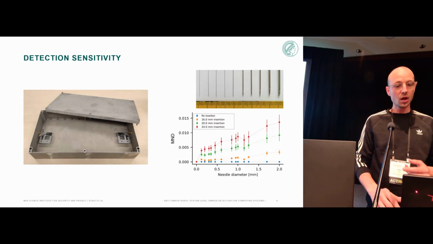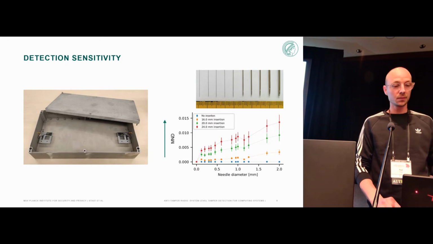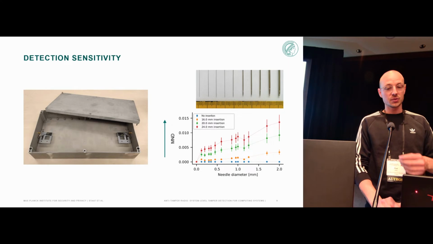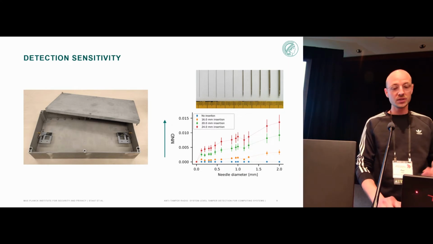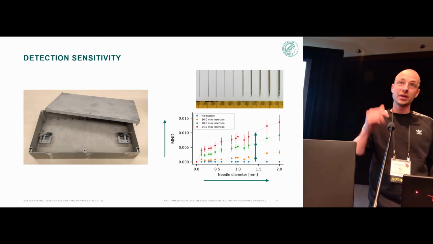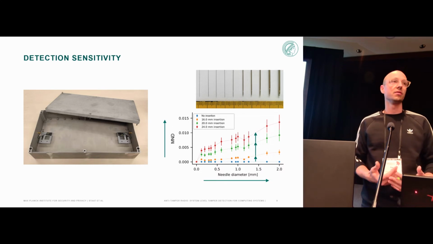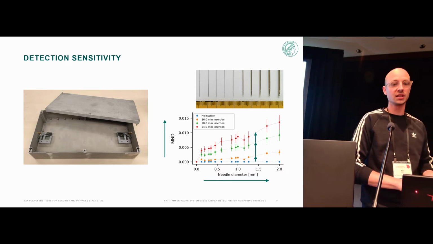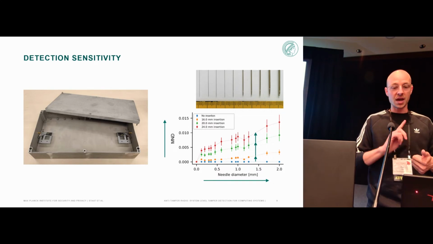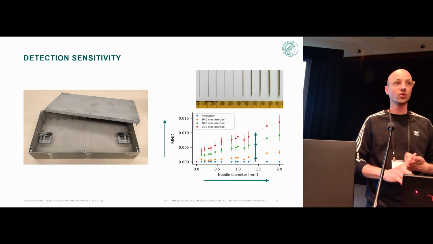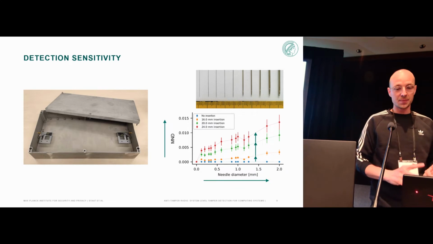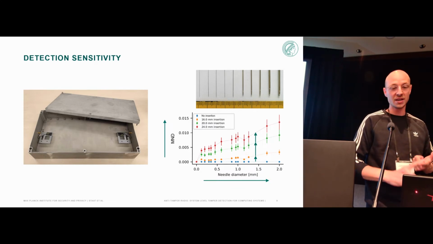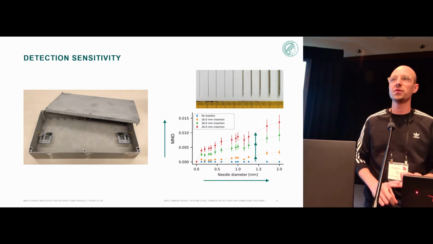Here, we see that the MND increases as we increase the needle diameter or as we insert the needle deeper into the environment. The key takeaway from this slide is that we are first able to detect the needle insertion, and second, that the detectability rises with the physical extent of the tampering.